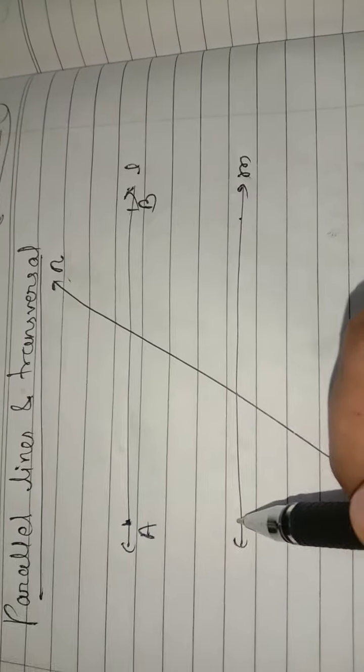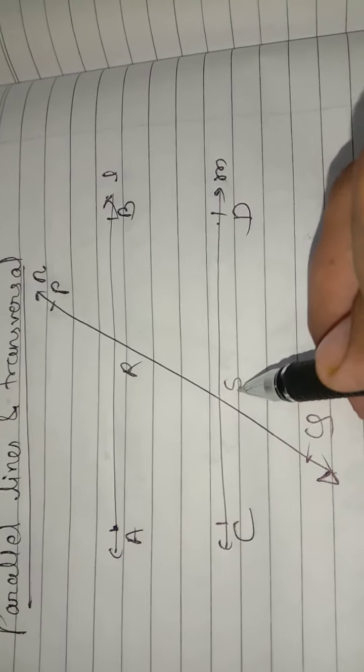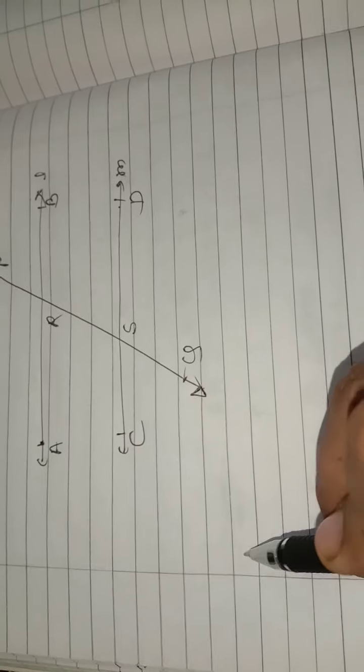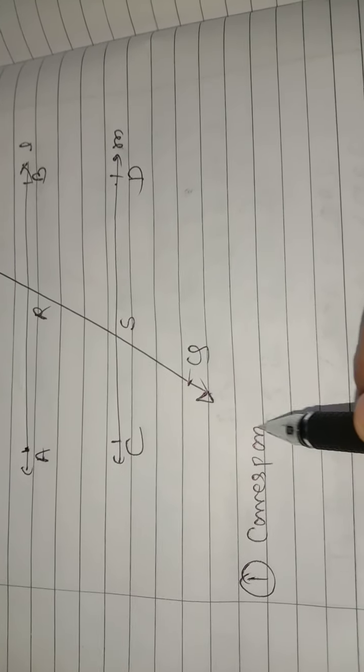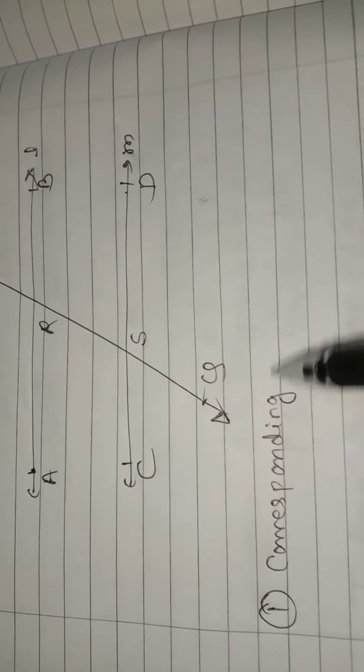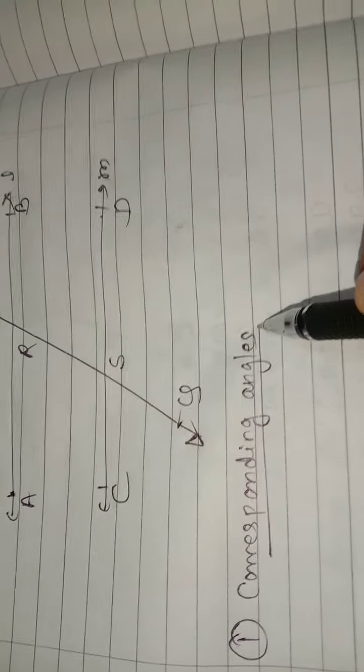It is A, B, C, D, P, Q, R and S. So the first type of angle that will be formed is what? Corresponding angle. What is a corresponding angle?